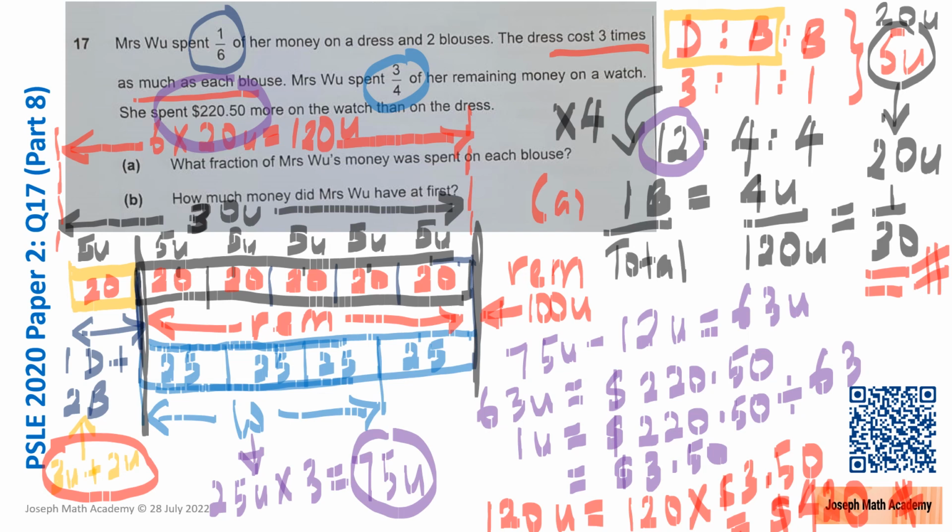And 17B, the answer is $420 over here. All right, so part A, part B completed. Question 17 is done.